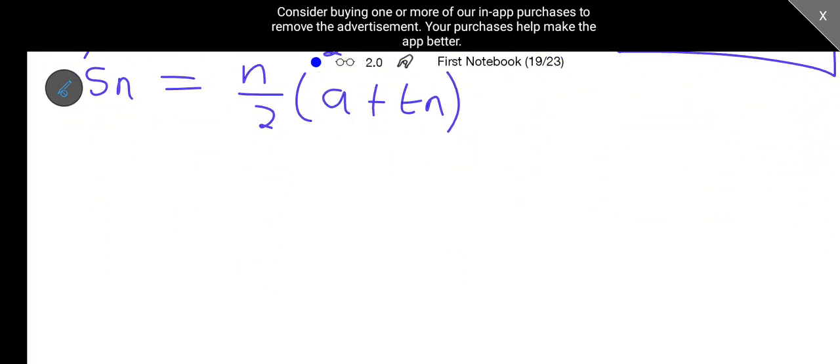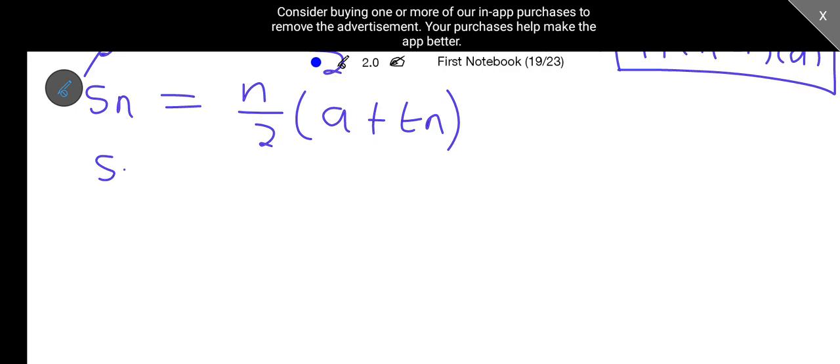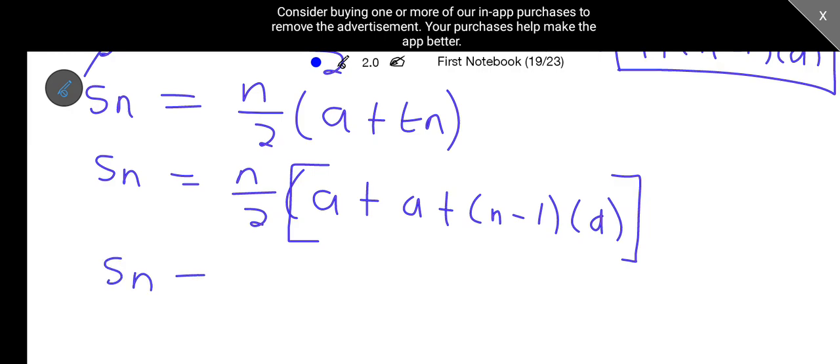This means that Sn is equal to n over 2 multiplied by A plus, when we see Tn, we're going to plug A plus n minus 1 multiplied by D, and we're going to use square brackets to denote this instead of using the same round brackets.